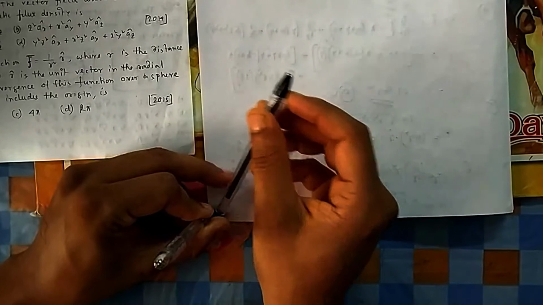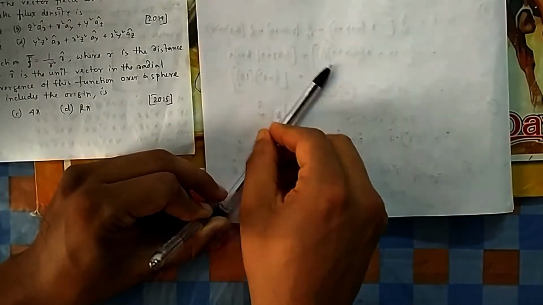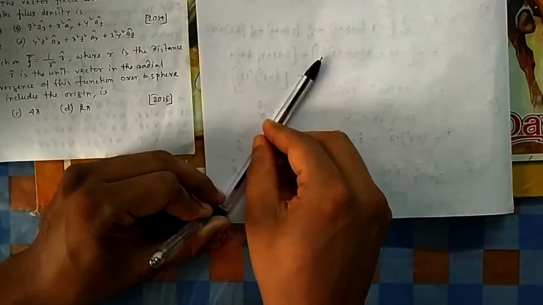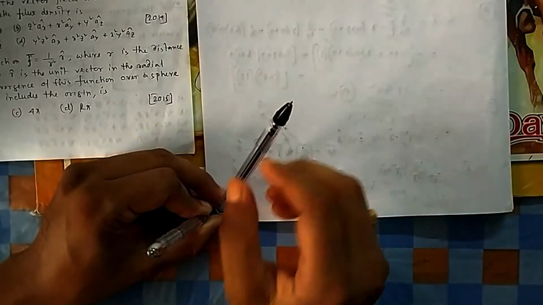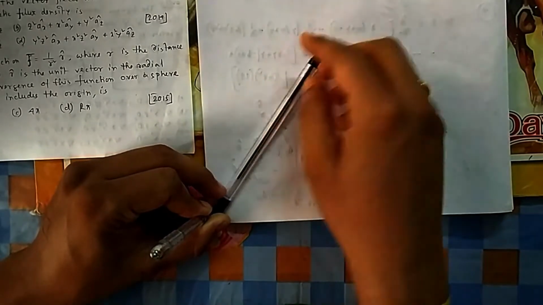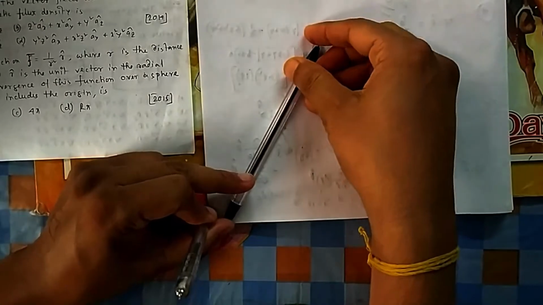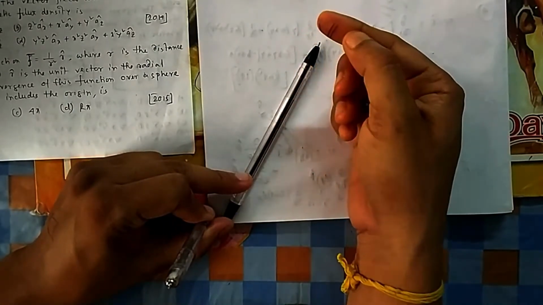What about this side? This side is coming due to that fluctuation, phi. What is this length? This is r, this is theta, so this is r sin θ, and then you are changing phi. So you can see this length and this length, and that will make the surface.